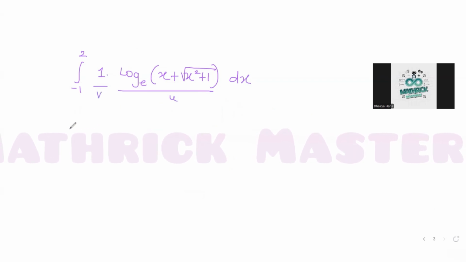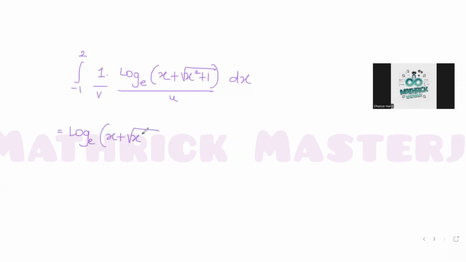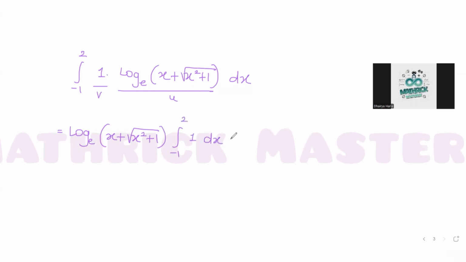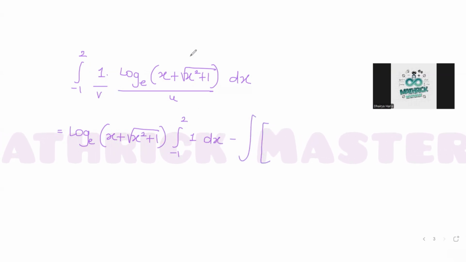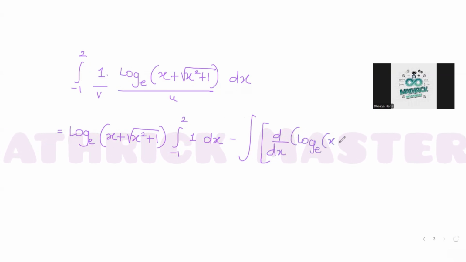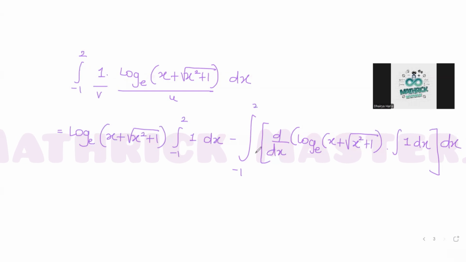So I write u as it is times the integral of v, that is the integral from -1 to 2 of 1 dx, minus the big integral of the derivative of u times the integral of v, that is 1, dx. Whatever answer we get, we integrate with respect to dx.